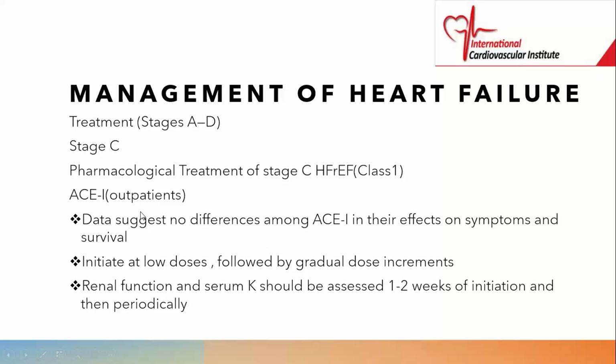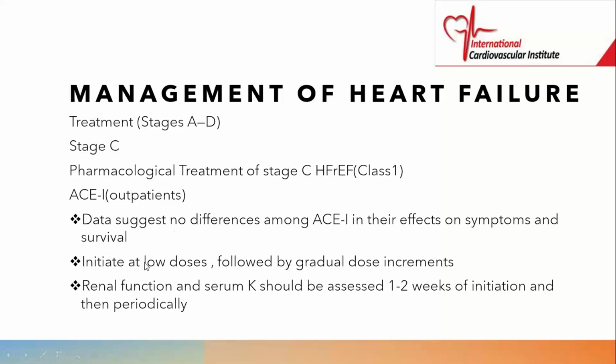So the data suggests that there's no difference among the different classes of ACE inhibitors. So you're safe to use whichever ACE inhibitor you're comfortable with. I mean, there are a little bit of differences here and there, but in terms of survival and symptoms, you can choose any one.